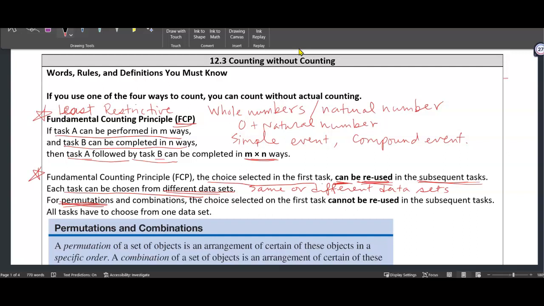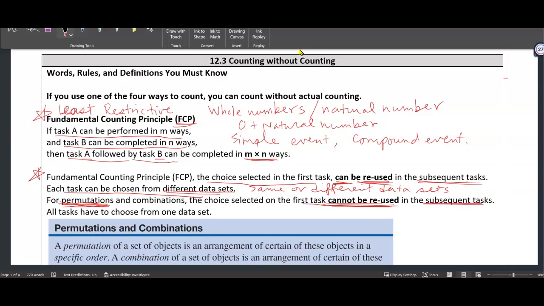The next thing we want to set apart from the fundamental counting principle is permutation, which is still somehow related to it. However, it is only a subset of the fundamental counting principle: only the case where the choices chosen in the first task cannot be reused in the subsequent task.